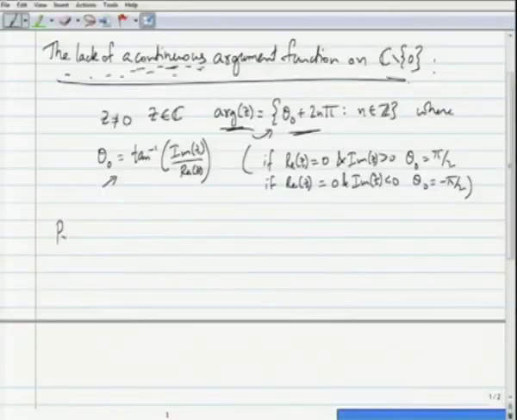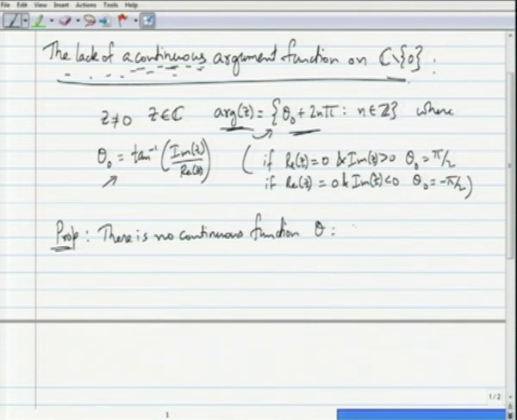Proposition: there is no continuous function theta from C minus 0 to R such that theta of z belongs to the argument of z.